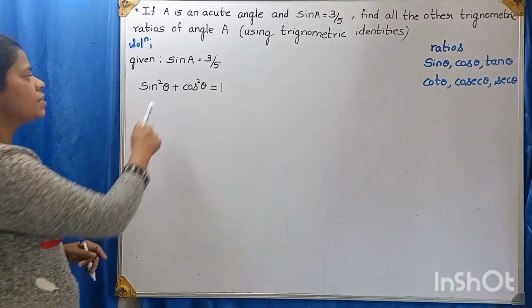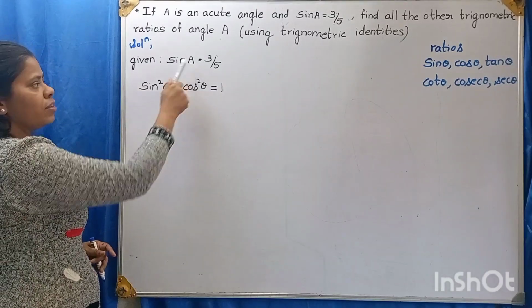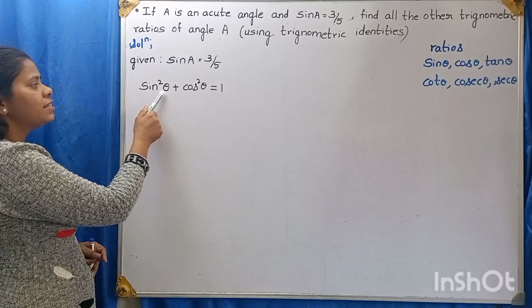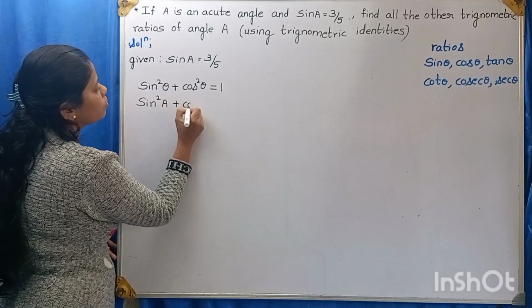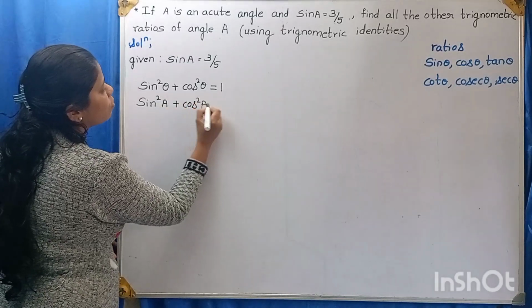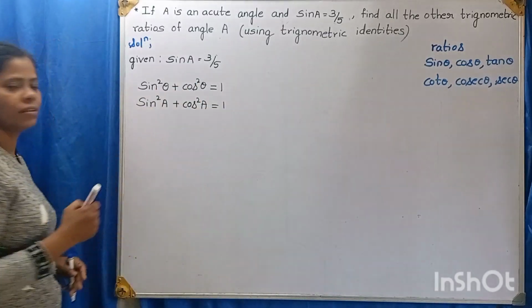But in the place of theta, they have given A. So, let me replace this theta as A. That is sin square A plus cos square A is equal to 1.